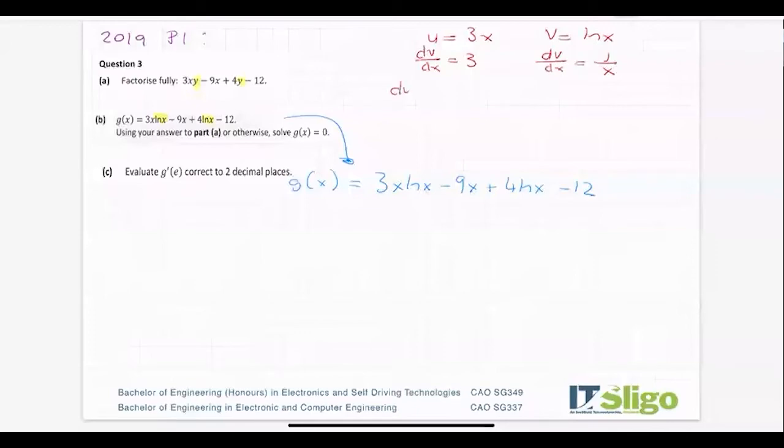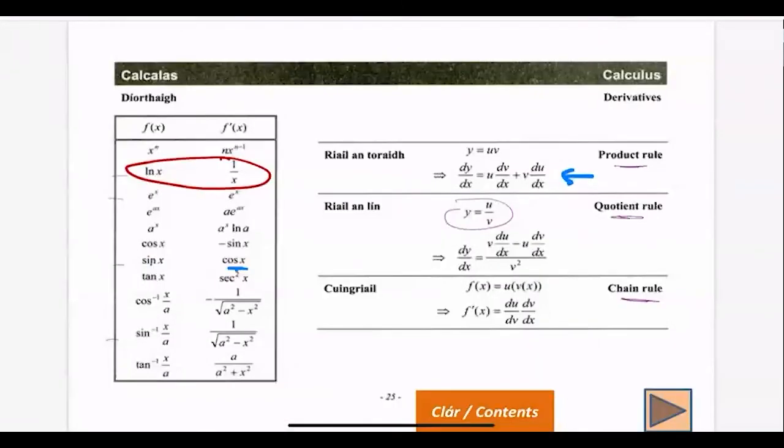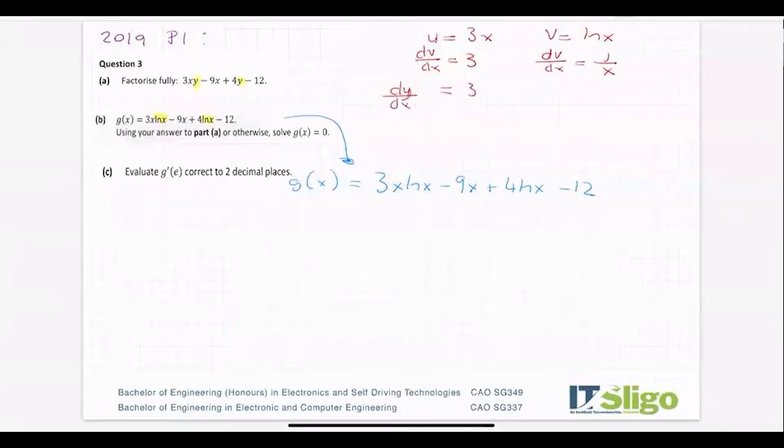So then the product rule tells me that I go u times dv/dx plus v times du/dx. So it's 3x by 1 over x plus ln of x by 3. Okay, and then x on the top, x on the bottom. So I'm getting 3 plus 3 ln of x.